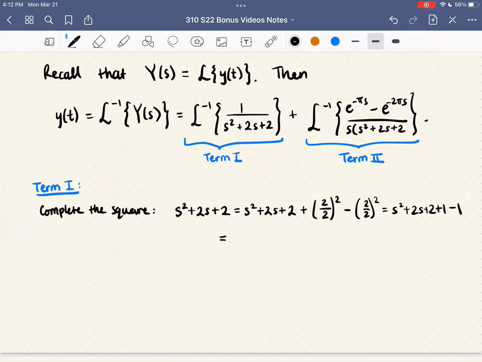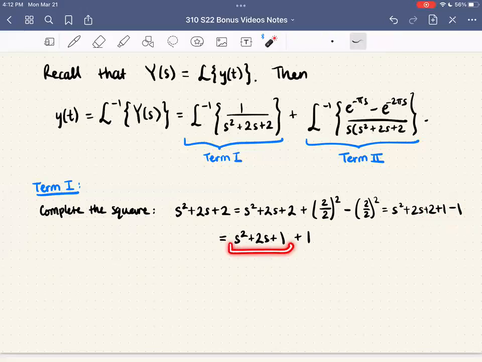Okay, what does that help us with? I'm going to utilize this positive 1 and put it next to my terms with s. So I have s squared plus 2s plus 1. These other two terms, 2 minus 1, are what I have left over. That is 1, so I have plus 1.